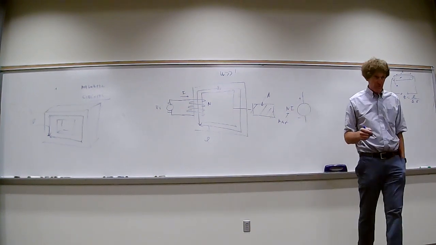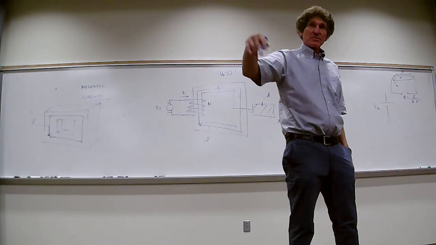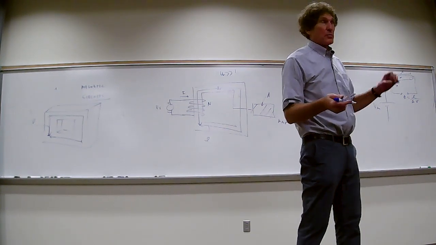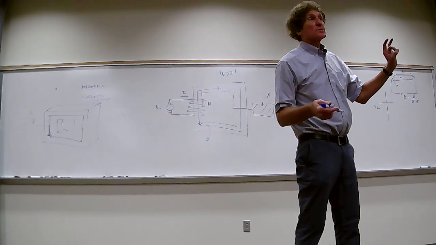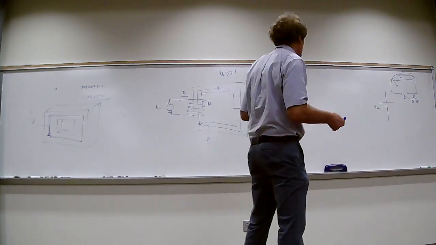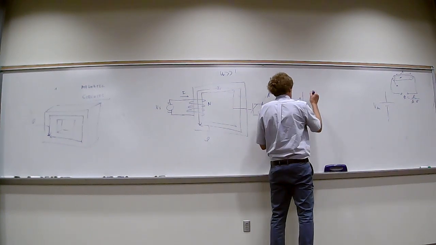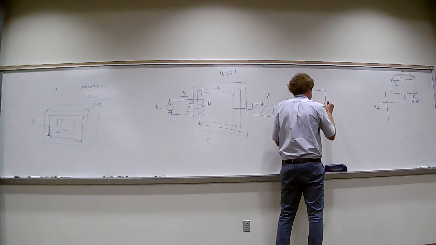That would be in ohms. Do you remember that? Remember, resistance is proportional to the length if it's constant cross-section, inversely proportional to cross-sectional area, and inversely proportional to sigma. Do you all remember this class? It's very important you do. You'll see this again on the final. So here, we're going to have a magnetic resistance, which is called a reluctance.